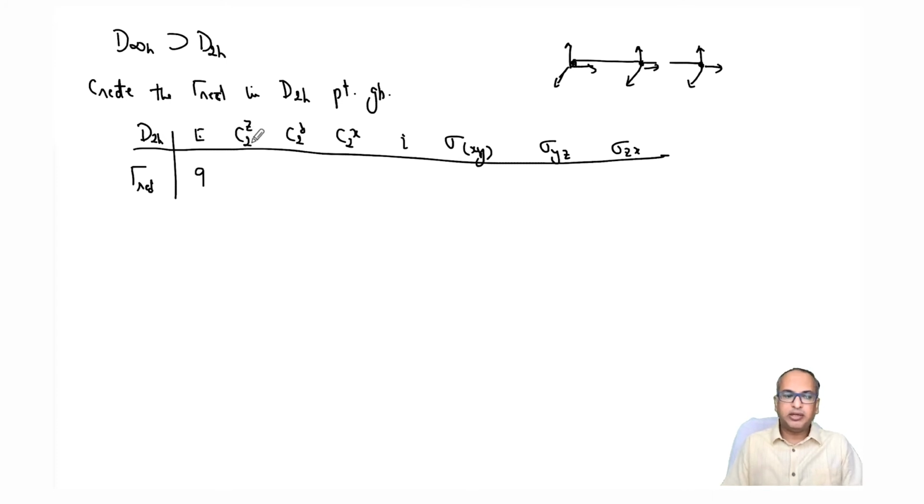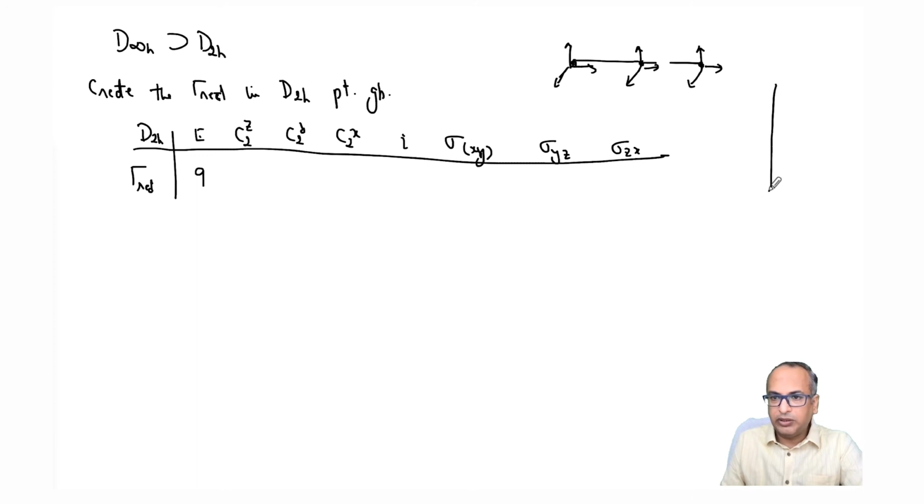For C2Z, 3 vectors will not change, which are oriented in, let's say if the molecule is oriented vertically, then 3 z vectors will not change and x and y will move. Okay, if it is C2Z, how many vectors should not move? So there should be 6 vectors which will go to negative side.